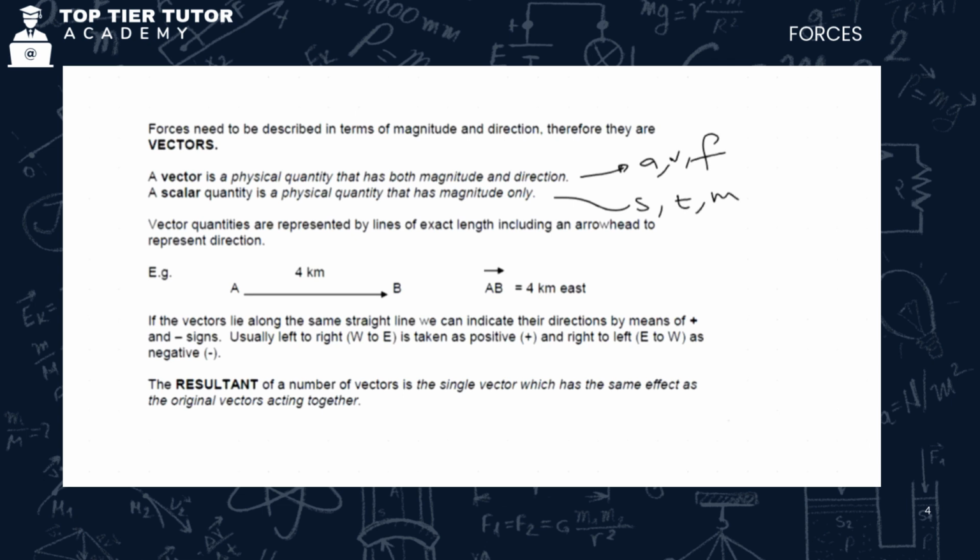Now, when we use vector quantities, we normally like to present them using an arrow. This arrow needs to make sense in terms of scaling, right?